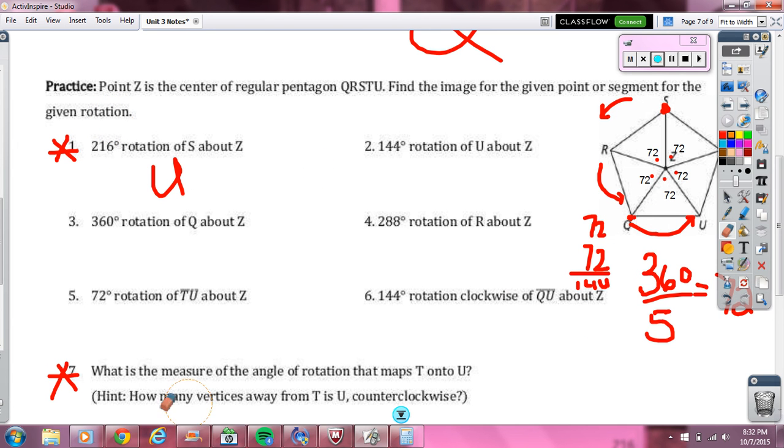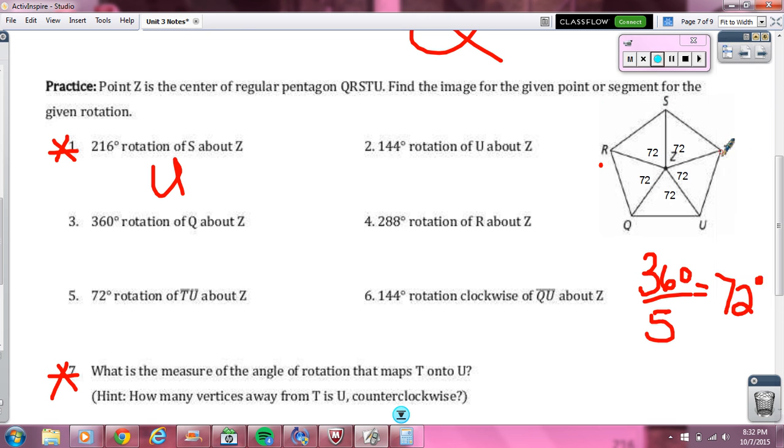Number 7: what is the measure of the angle of rotation that maps T onto U? That's a different type of question. They're asking me to start at T and go to U and tell them how many degrees I had to go.